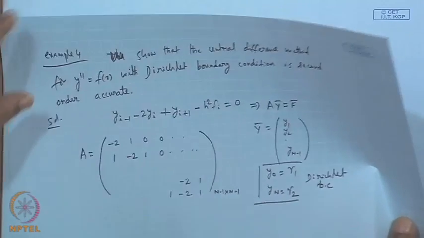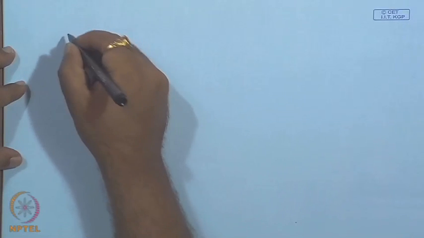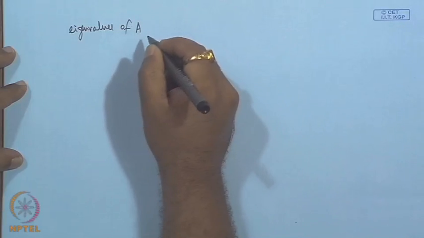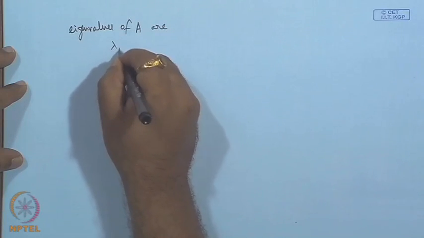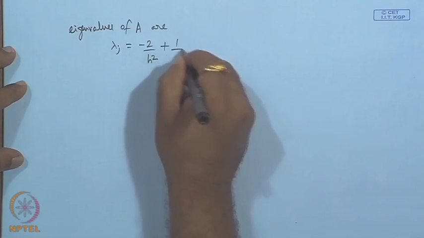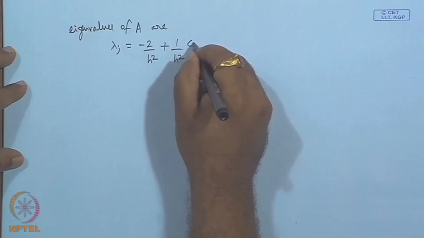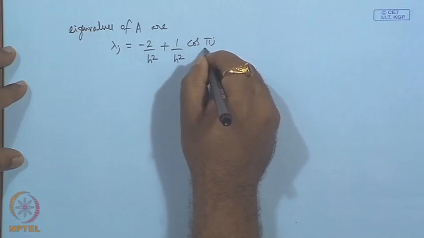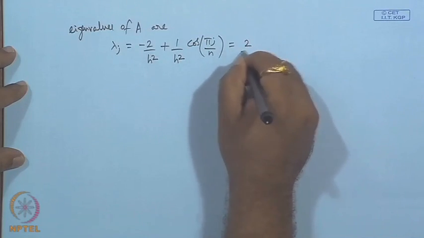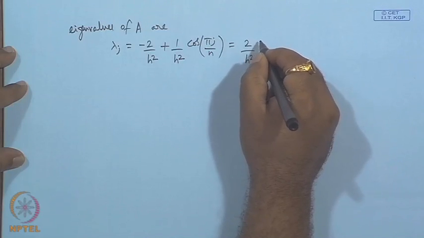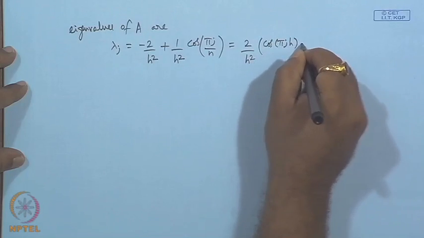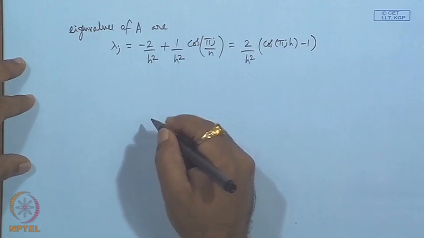Now, the eigenvalues of A are lambda j, so these are the eigenvalues.